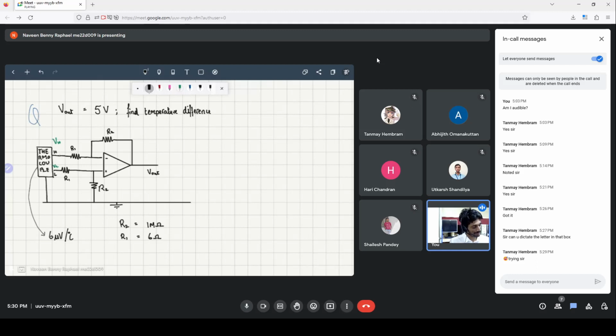So we can say that there's a potential here of VH and a potential here of VC.